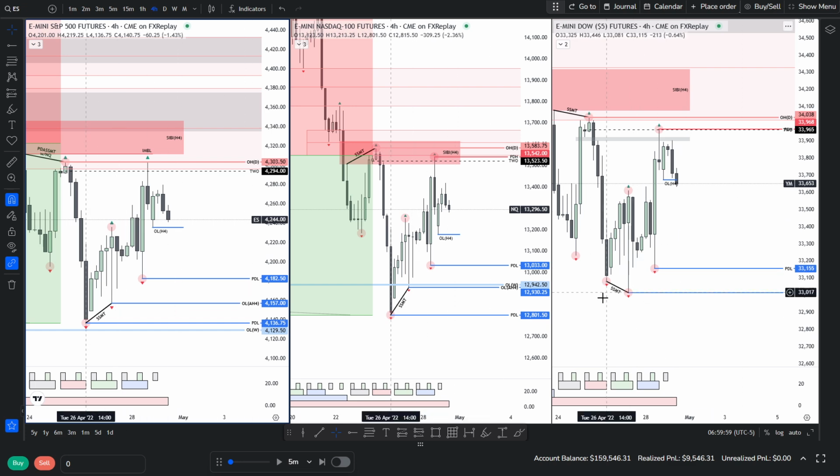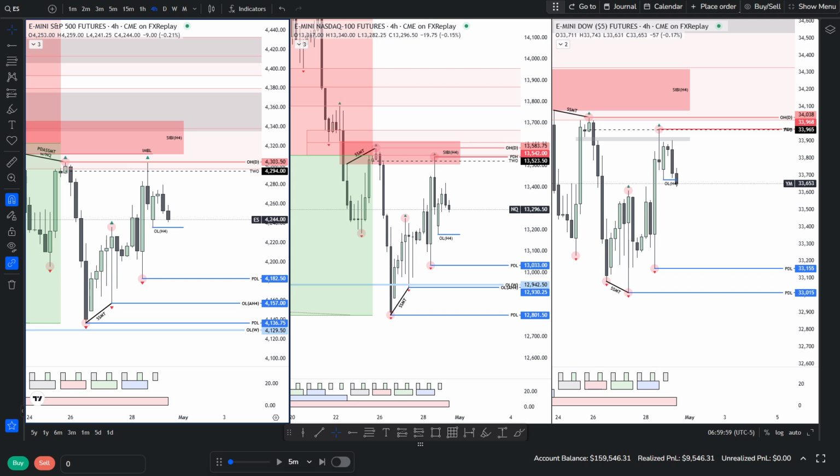So we've obviously noted the high time frame at the lows. So I noted the high time frame SMT at the lows, supporting higher prices, which would have delivered on its trade objectives.